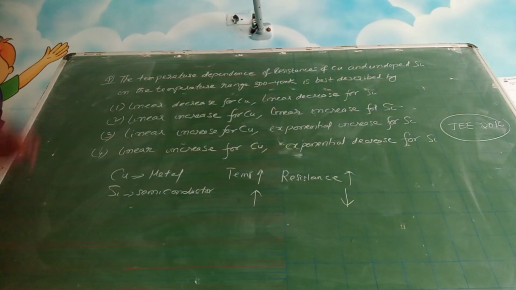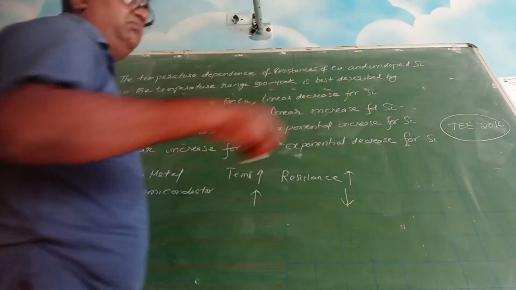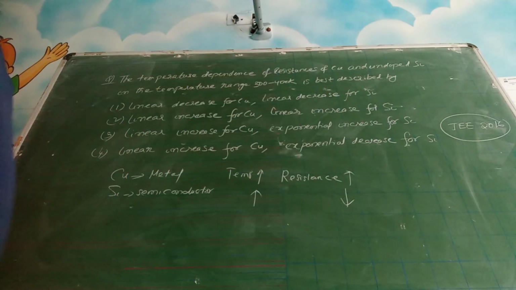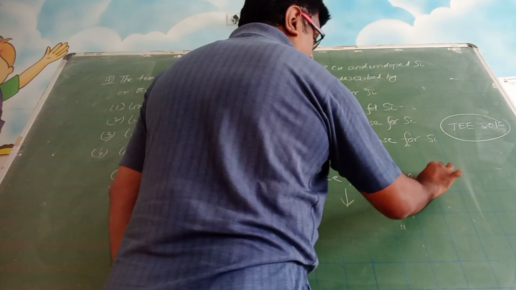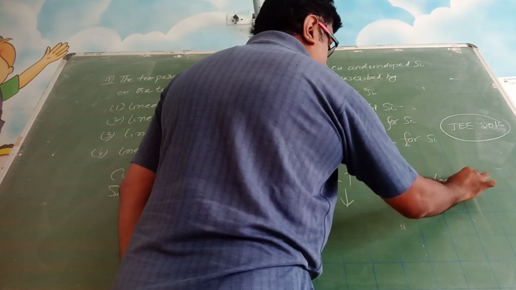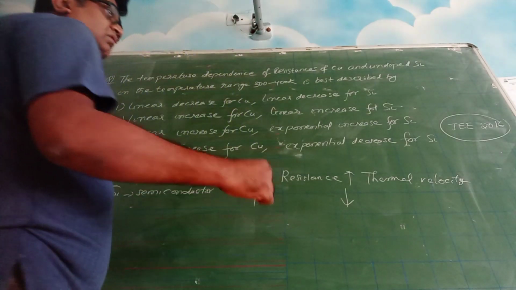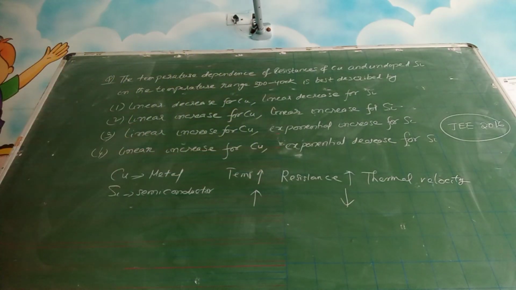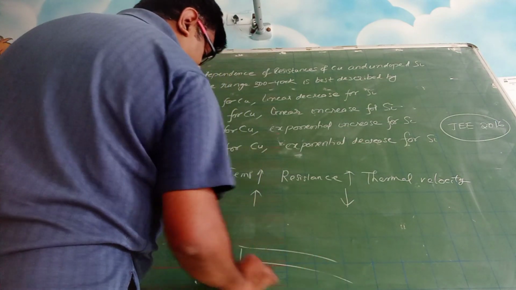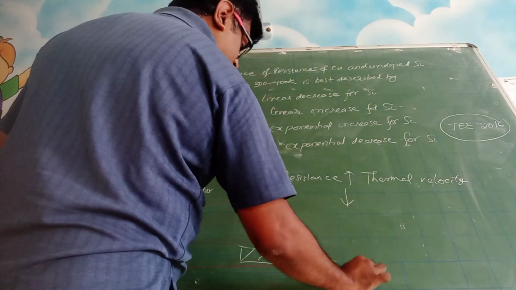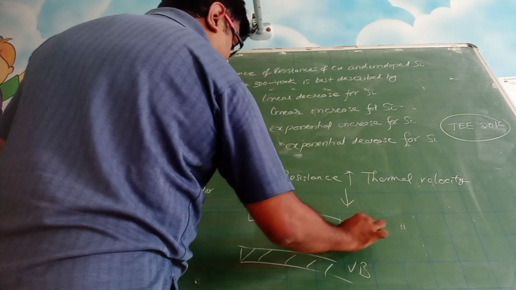Now in metals, when you give more temperature, the thermal velocity of the electrons increases, thereby more collisions happen, and the resistance increases. But in semiconductors, you have this valence band and this conduction band.